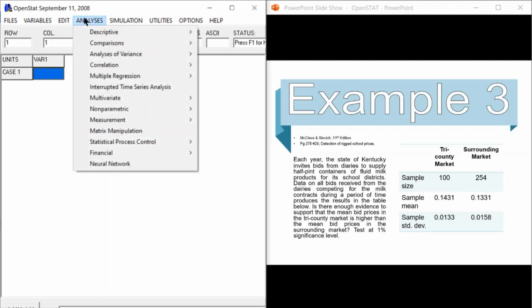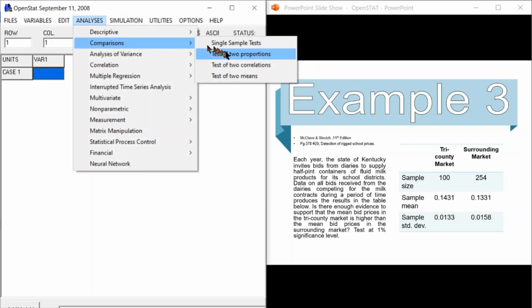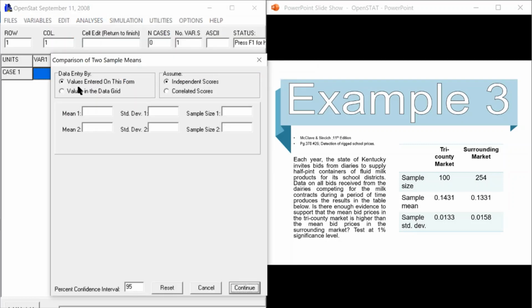Go to analysis, choose comparison, choose test of two means, choose values entered on this form, and also assume independent scores. For the first sample, the mean is 0.1431 with a standard deviation of 0.0133.